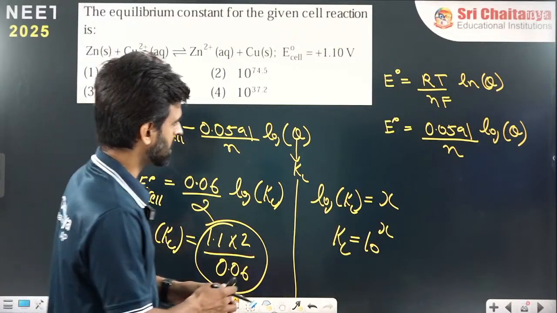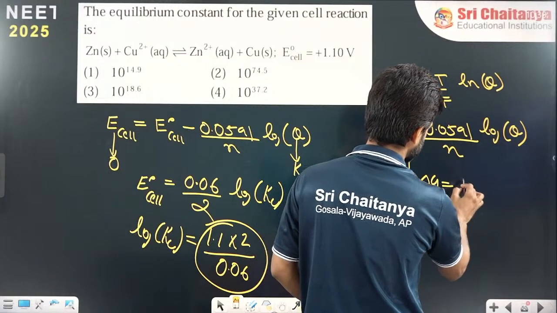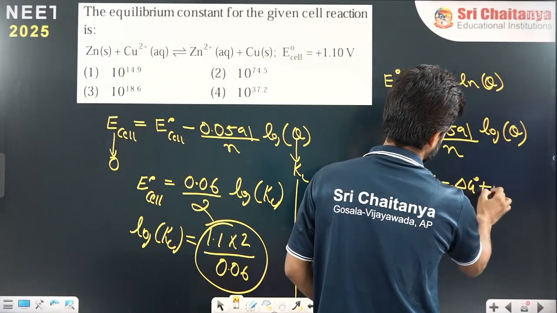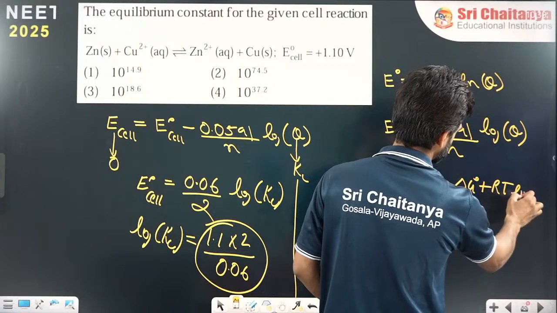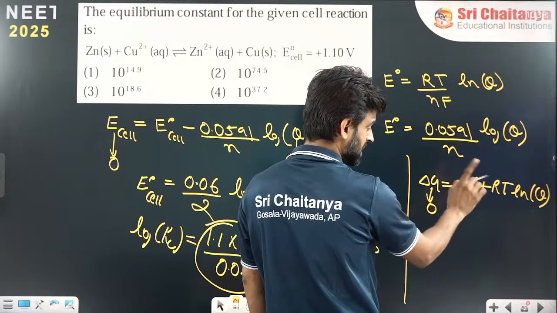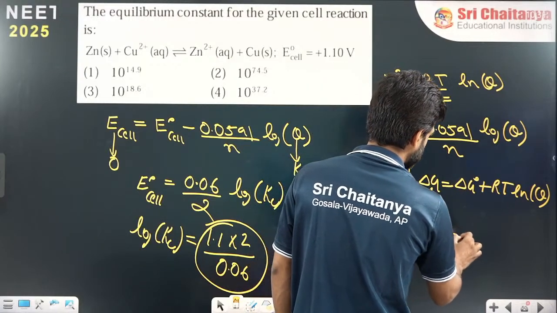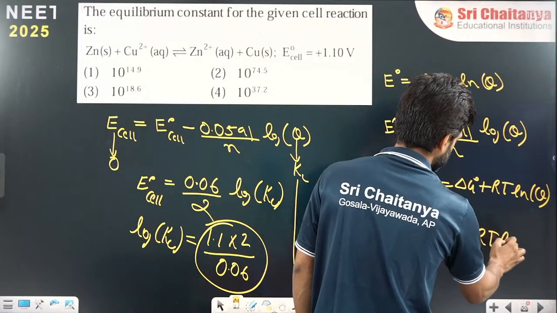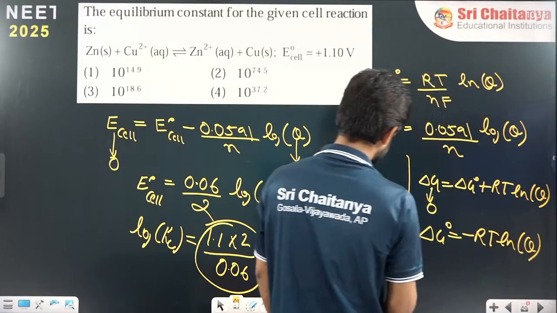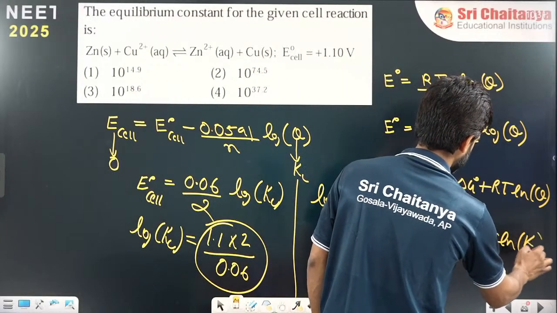And one more relationship: we know very well that delta G equals delta G naught plus RT ln Q. At equilibrium, delta G becomes 0, so what comes from here? Delta G naught equals minus RT ln Q, or I will say K equilibrium.